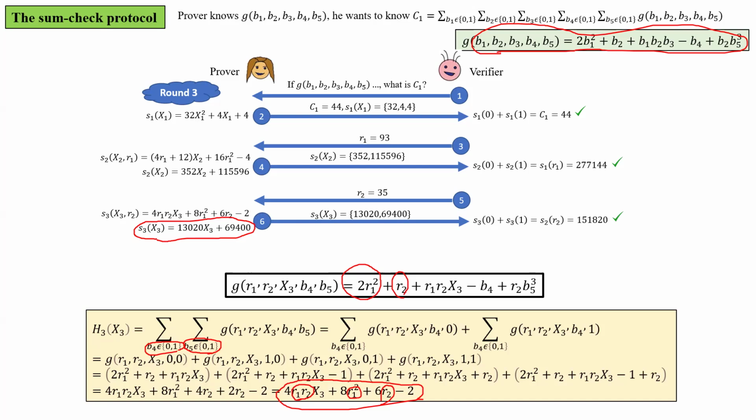And since the verifier knows the s2 function from the previous round, the verifier can calculate s2(r2), and the value should be equal to the summation of s3(0) and s3(1). So if the two sides of the equation are equal, this means that the next round of verification is approved.